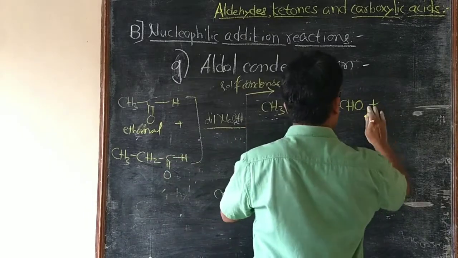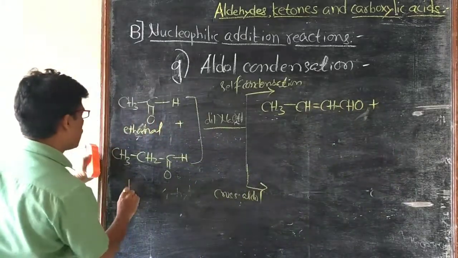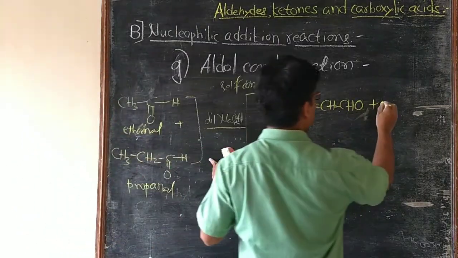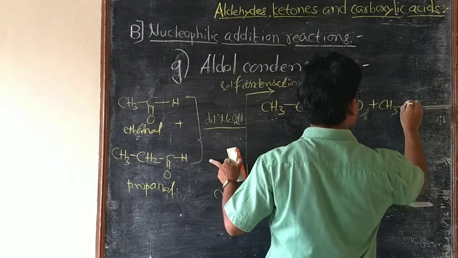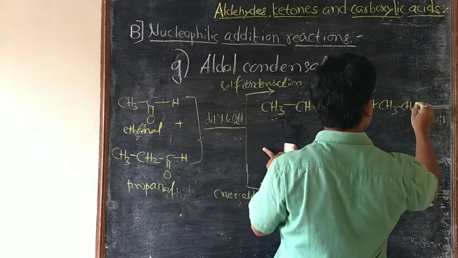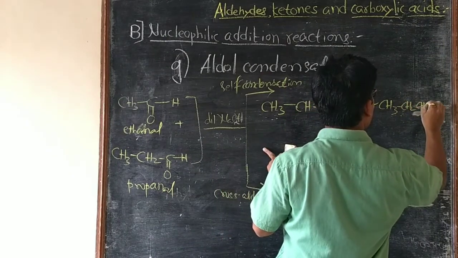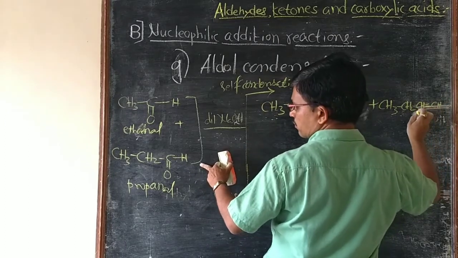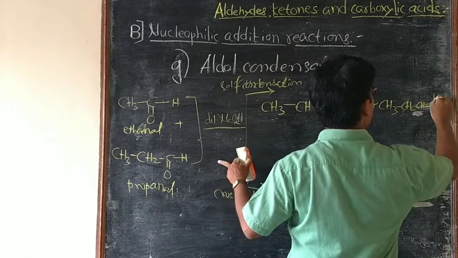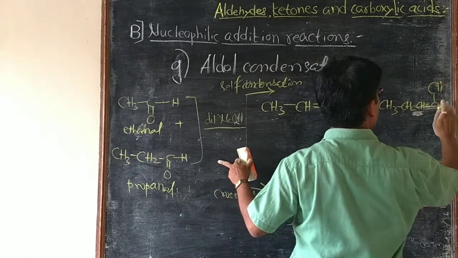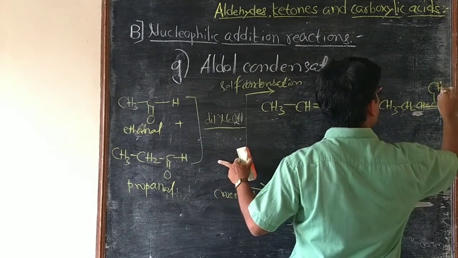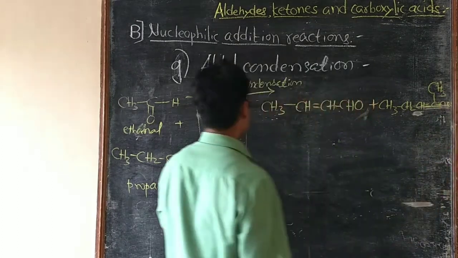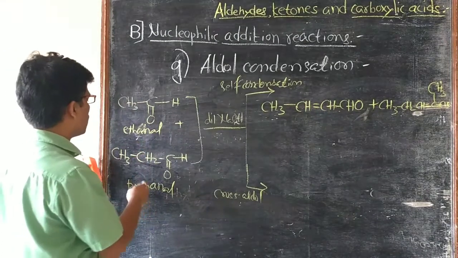Then propanal combines with another molecule of propanal to give CH3 CH2 CH double bond CH CH3 CHO. Then cross aldol condensation.